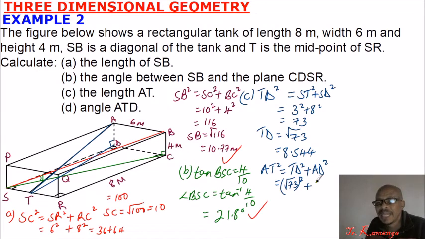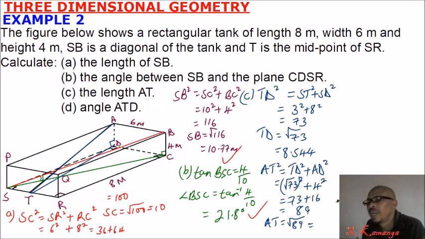Our AD is 4, so it is 4 squared. So this is equal to 73 plus 16, which is 89. So AT is equal to the square root of 89, which is 9.434 using your calculator. That is how you answer part C, the length of AT.